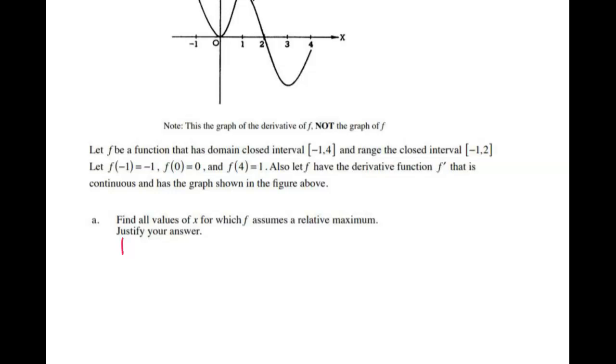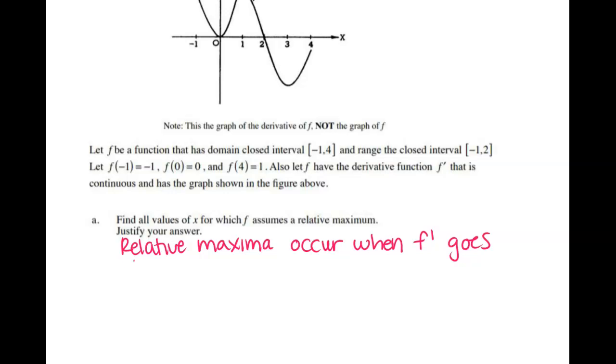Okay, well, relative maxima, plural maximums, occur when f prime goes from positive to negative.